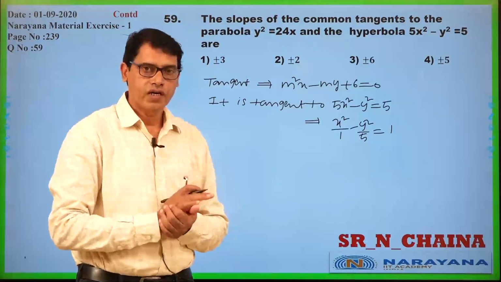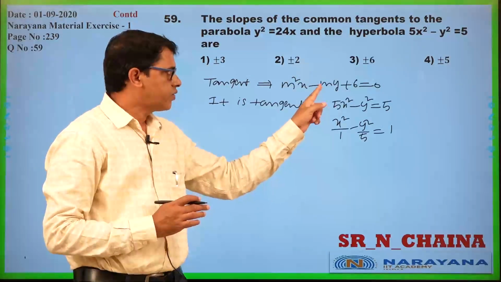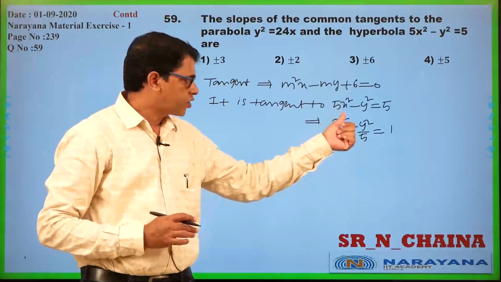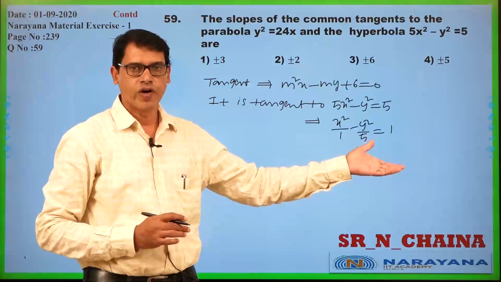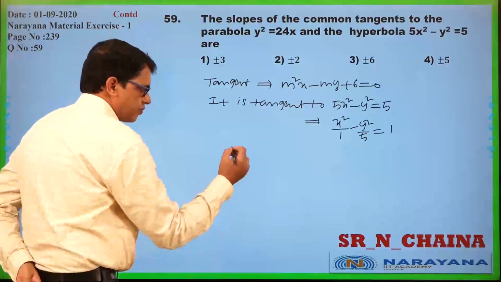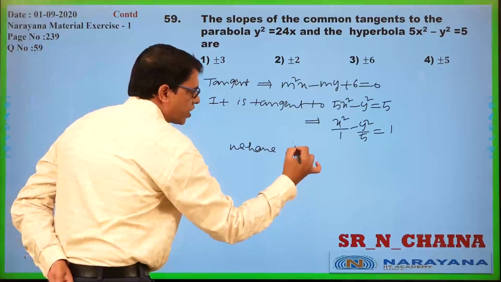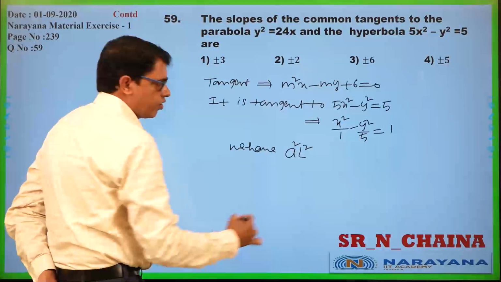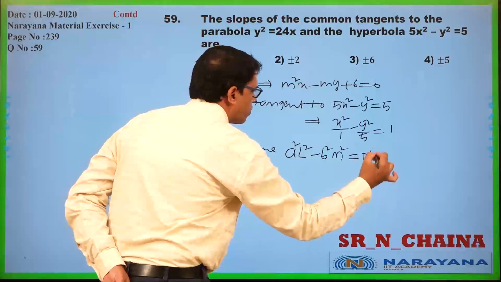Now, apply the condition. What is the condition? If the line Lx plus my plus n is equal to 0 is tangent to the hyperbola x square by a square minus y square by b square equals to 1, then we have the condition: a square L square minus b square m square equal to n square.